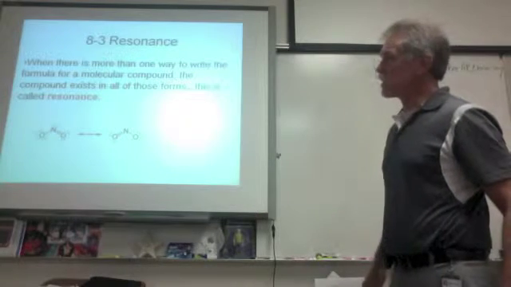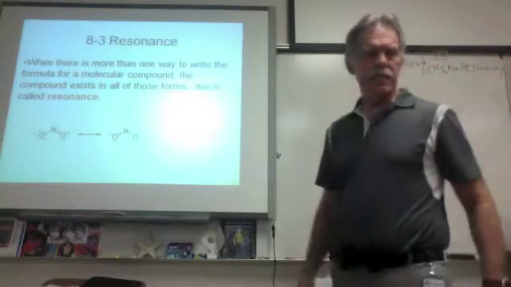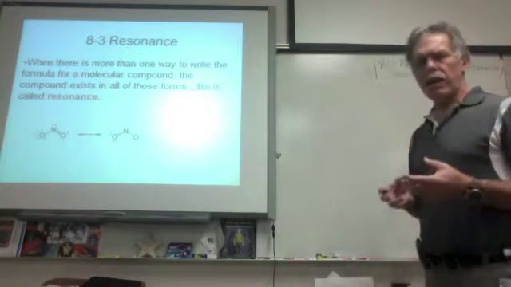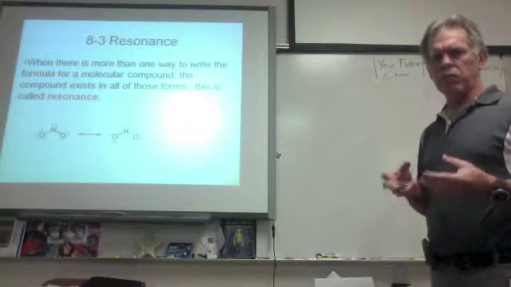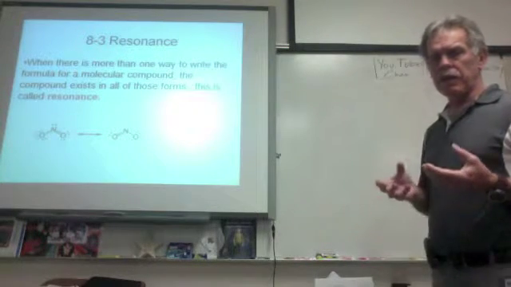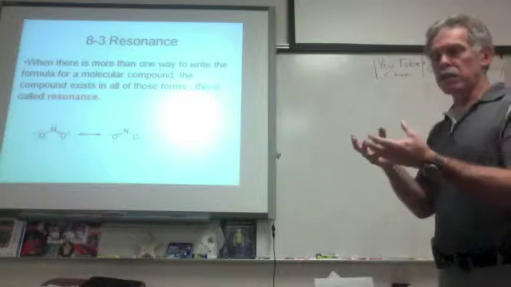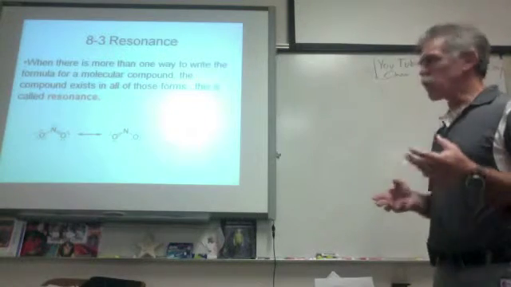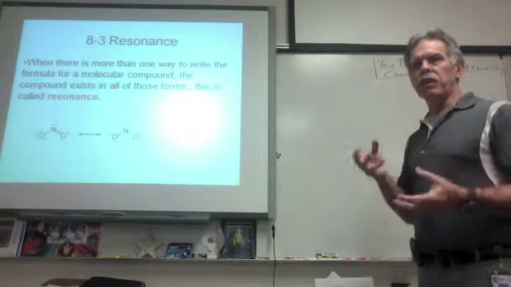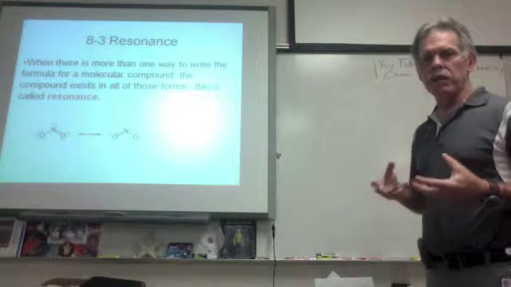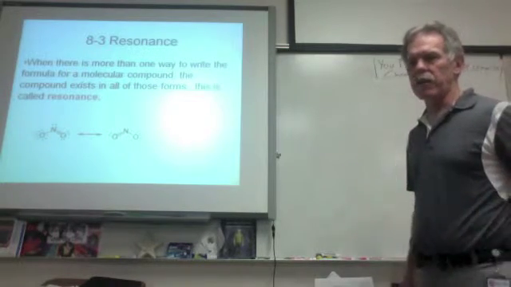We're starting with resonance, and the easiest way to describe that is if a molecule can be drawn more than one way, or if it can exist in more than one form, then it's going to be in those multiple different forms. And when you think of resonating, like if you strum a guitar, it resonates in the wood and makes the music a little louder.